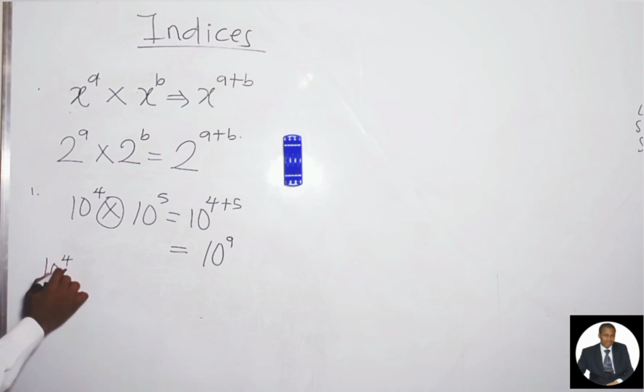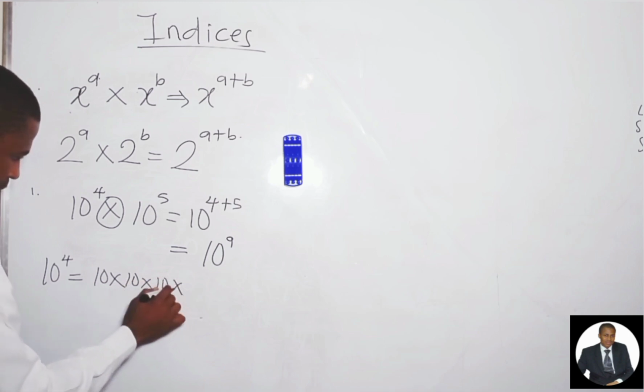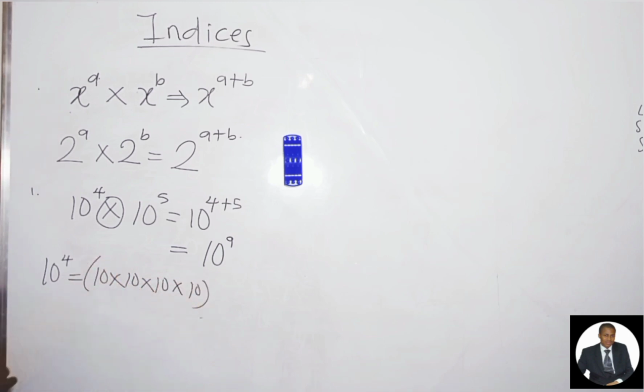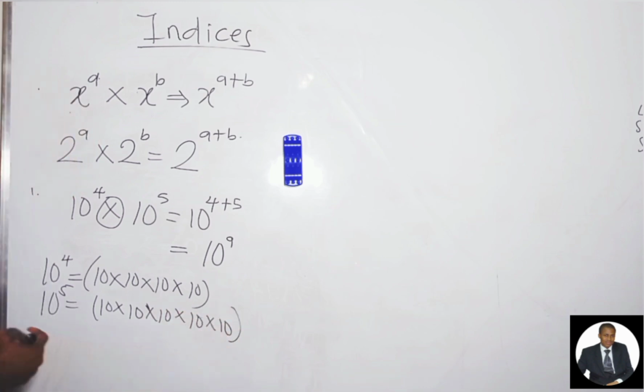10 raised to the power of 4 is equal to 10 in 4 places, and then 10 raised to the power of 5 is 10 in 5 places. How do we do this together?